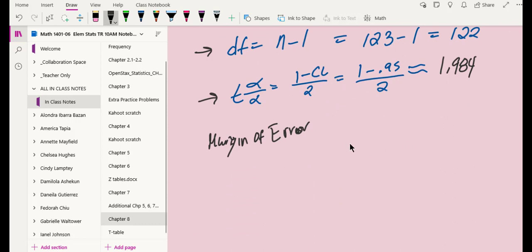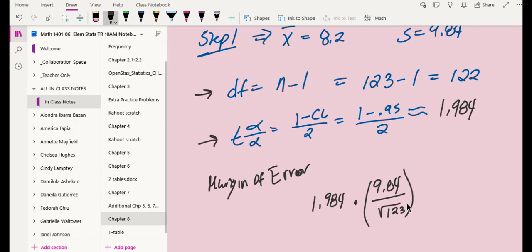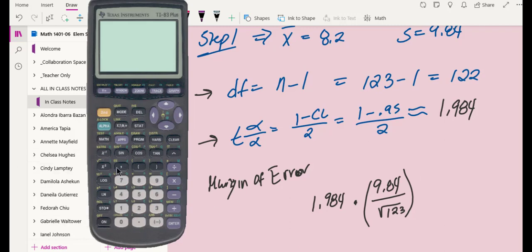So we are going to take 1.984, multiply that by 9.84 divided by the square root of our 123. And then we will plug it in our calculator to find our margin of error.